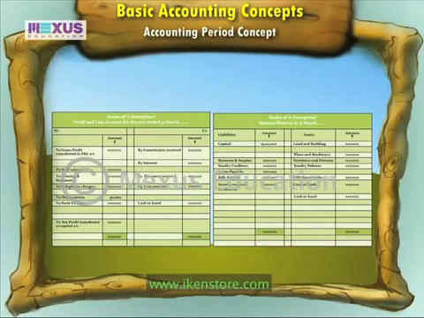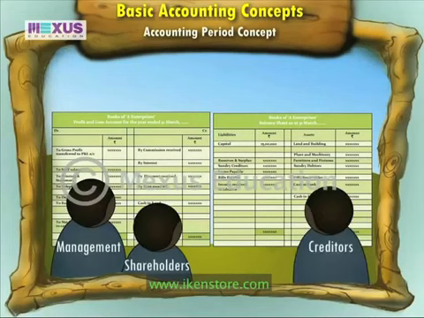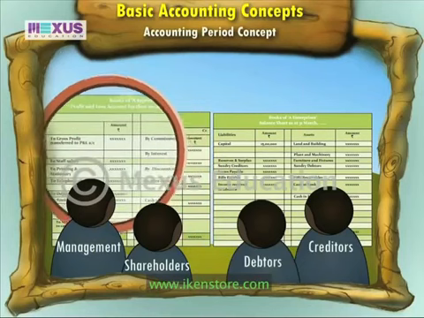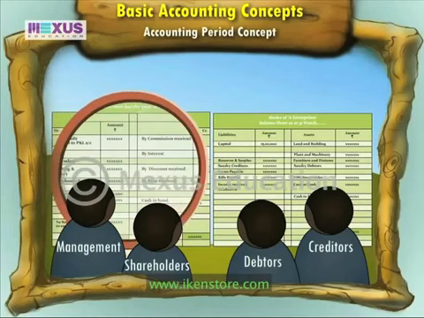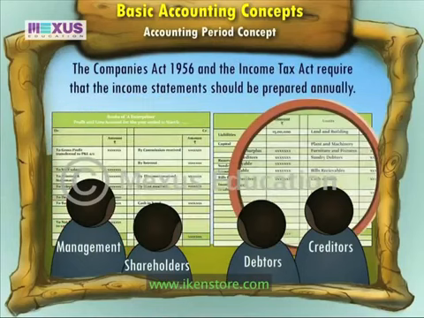These statements are of use to various users, external as well as internal, such as management, shareholders, creditors, and debtors at regular intervals. The financial statements are, therefore, prepared at regular intervals, normally after a period of 1 year, so that timely information is made available to the users.